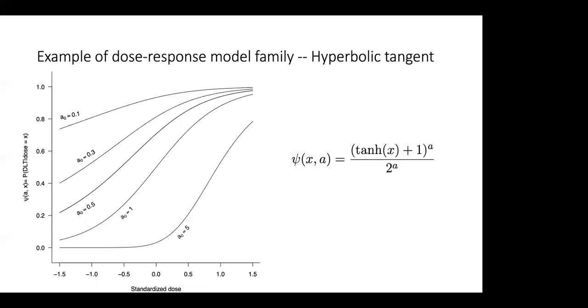So here's an example of a dose response model family, the hyperbolic tangent family. You can see it can model all different kinds of dose response relationships. Basically there's an infinite number of dose response curves it can model, because alpha is a continuous variable from 0 to infinity.